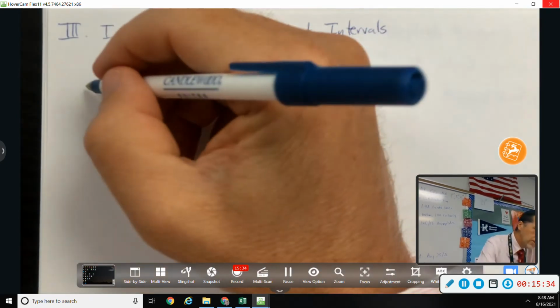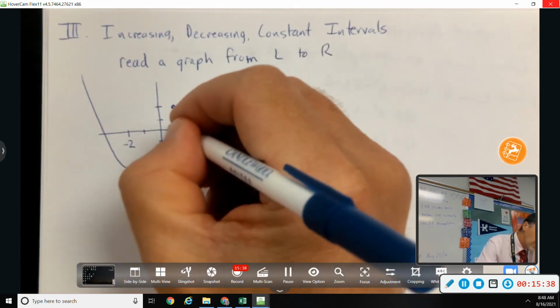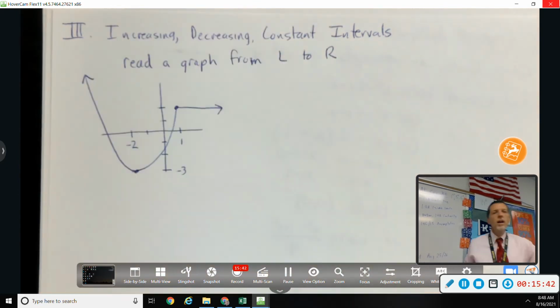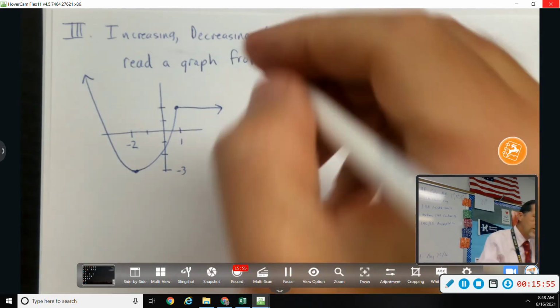And then make your graph look something like that. And we want to give the interval, so interval notation, of where it's increasing, where it's decreasing, and where it's constant.